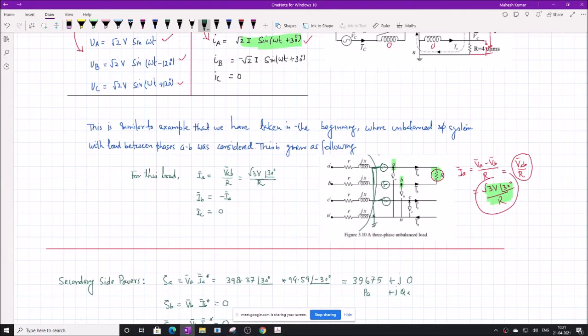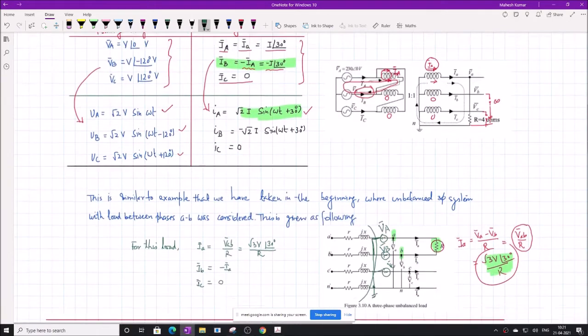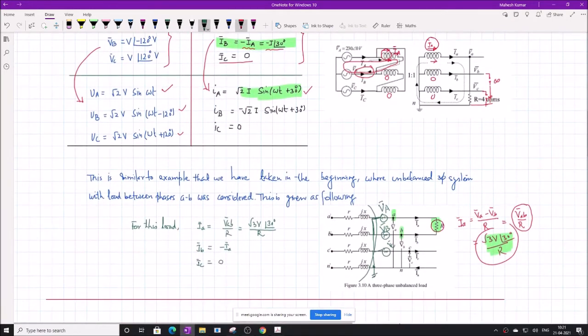This is VA, VB, VC. That's all. If you take the primary side, it will be like VA, this is VB, and this is VC. So this example can be reduced to this one. In circuit form, it becomes simply this one, if you look from the utility side. And hence the results are the same as far as the power computations are concerned.